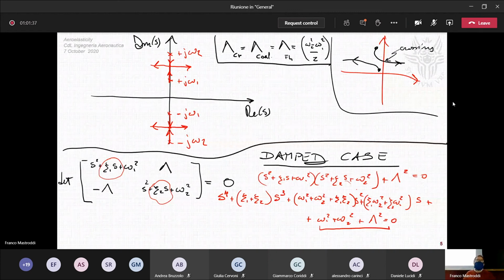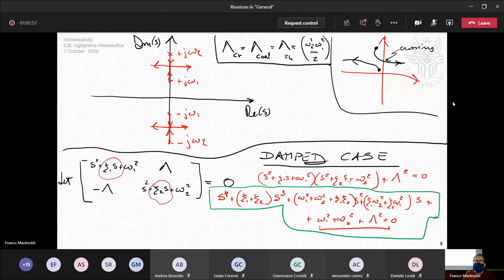No possibility of static instability without damping and with damping as well. Okay? So this is the final characteristic equation, and now we have to discuss the roots of this quantity. Now we have a complete fourth order equation, not a biquadratic equation.